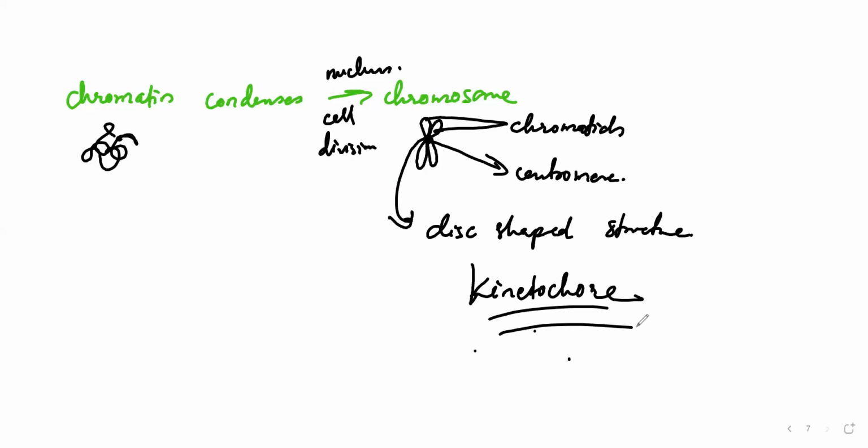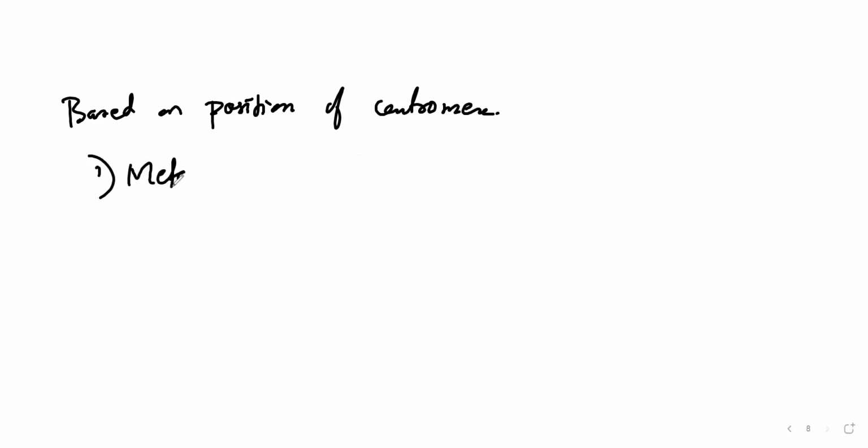Kinetochore. Okay, so there are different positions of the chromosomes in the nucleus during cell division. Based upon that, you have different types. If you take it based on the position of the centromere, then the first one we have is the metacentric. Metacentric means what? Middle centromere. Exactly in the middle, the centromere will be present. Then you have the submetacentric.